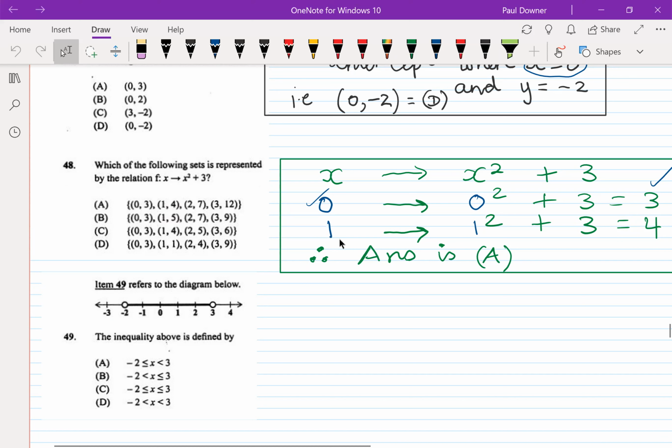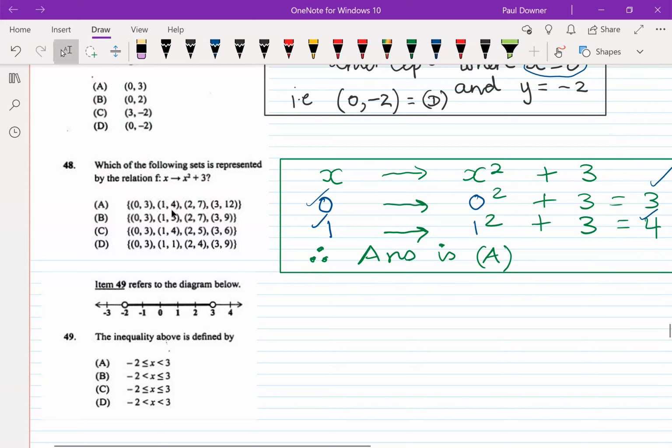So x as 1, 1 squared will be x squared plus 3. Let's see what we get. 1 squared is 1. 1 plus 3 is 4. So it works once again. When x is 1, I get y as 4, and that's the point (1, 4) as well.